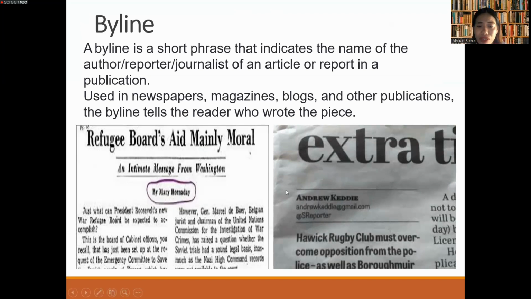For example, this one is a byline. We also have a lot of write-ups where there is "by" and then the name below the title of the write-up or literary work. This is an example of byline, the one that is encircled in violet.